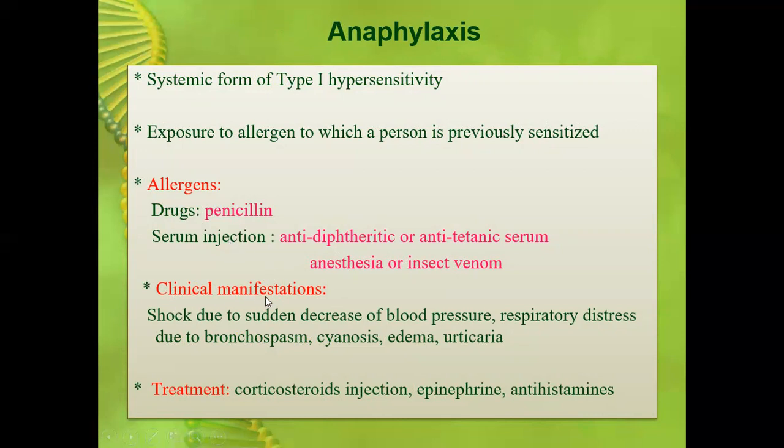These are the clinical manifestations produced: shock due to sudden decrease of blood pressure, respiratory distress due to bronchospasm, cyanosis, edema, urticaria. And these anaphylactic type reactions are treated by corticosteroid injection, epinephrine, and antihistamines.